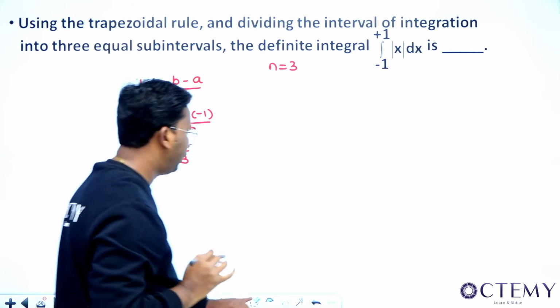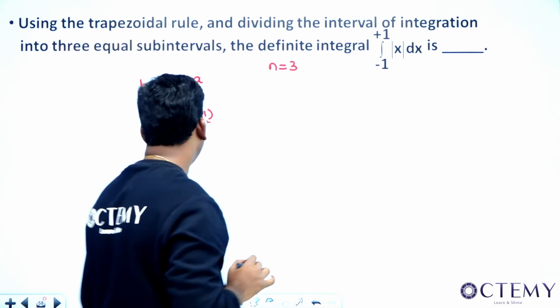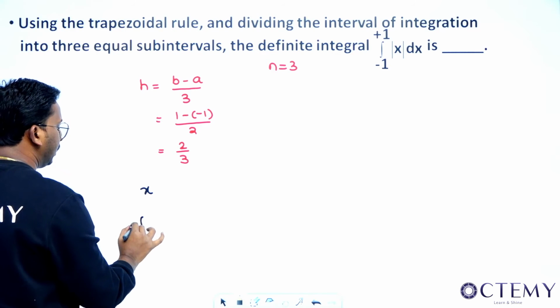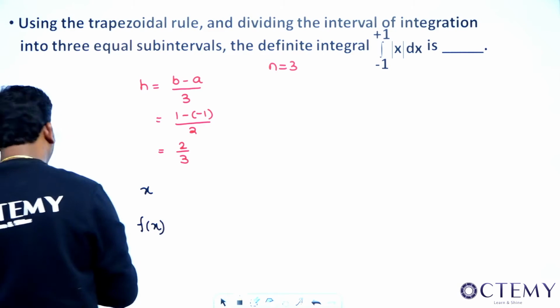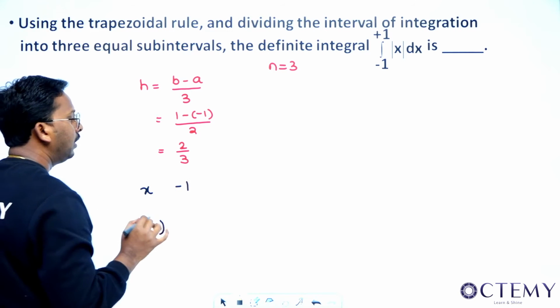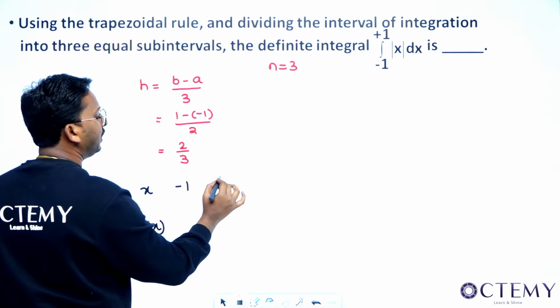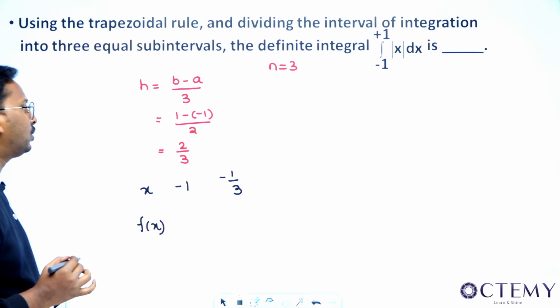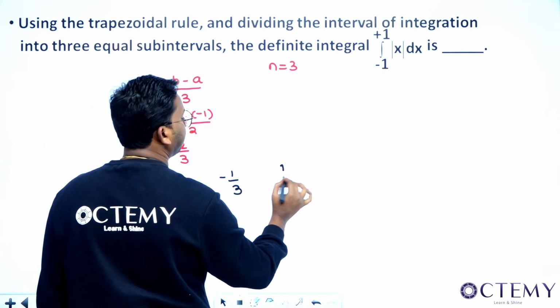All right. If your h is 2 by 3, see what your table will become. Your table will have x and f of x, right? So x will become minus 1, then minus 1 plus 2 by 3, which is minus 1 by 3. Minus 1 by 3 plus 2 by 3 is plus 1 by 3.